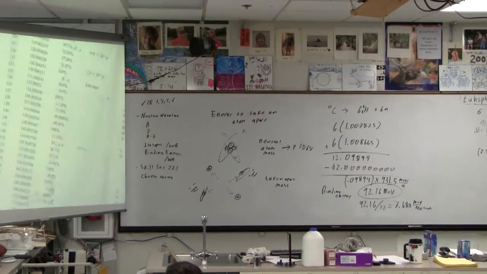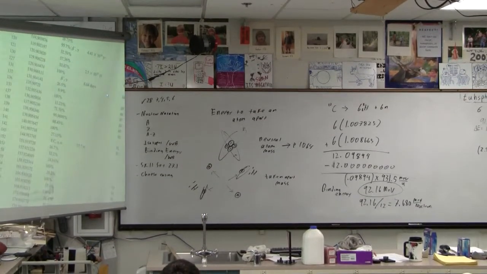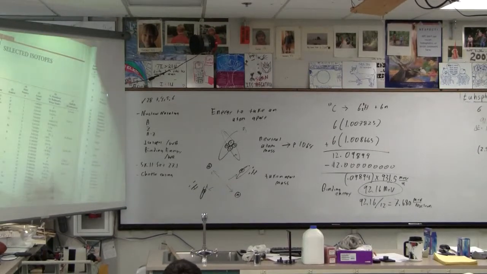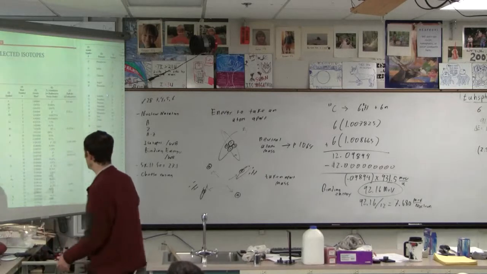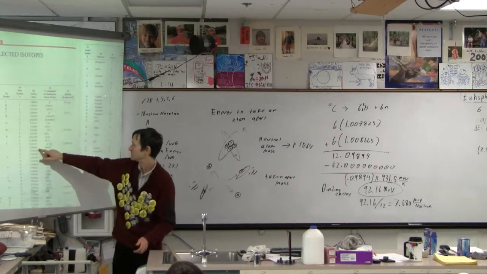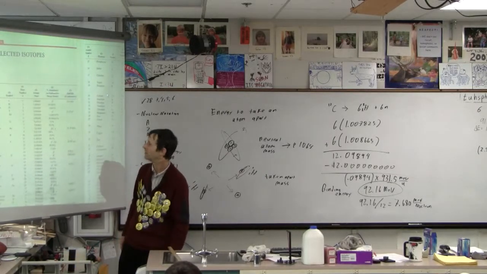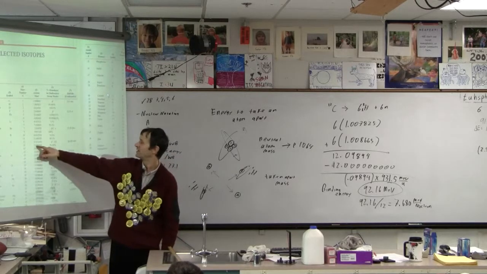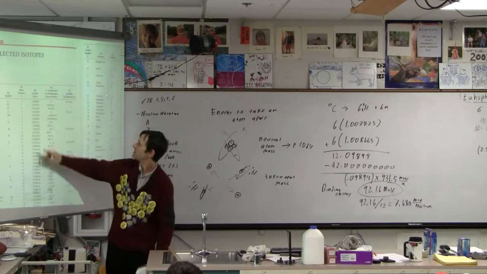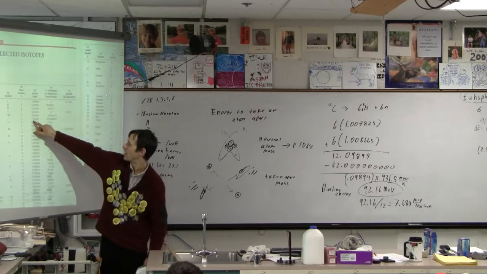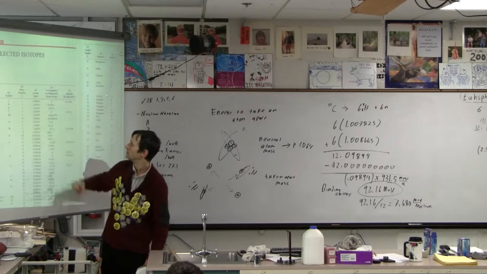Here they are in the table. You can see some of these masses. Carbon 12 is exactly 12, because that's the definition. And there's the helium atom, which we're going to use to represent an alpha particle, 4.00.